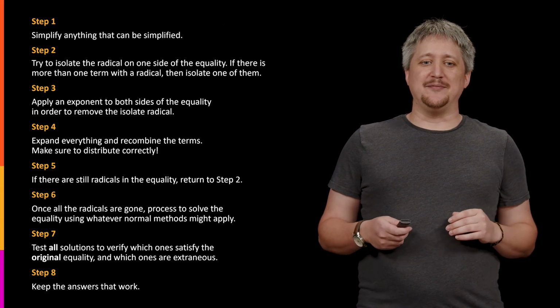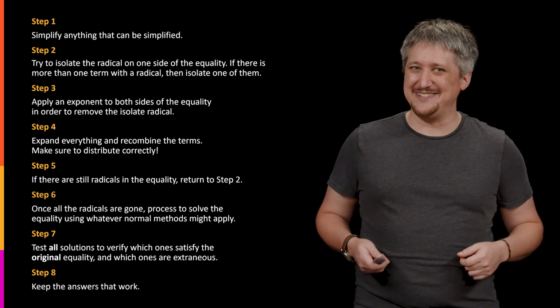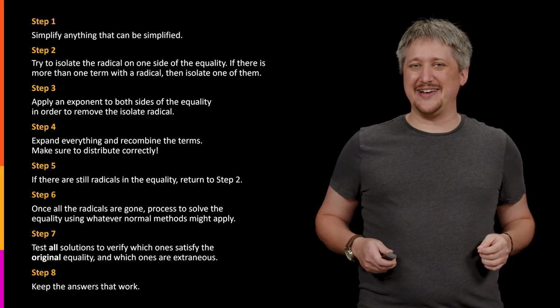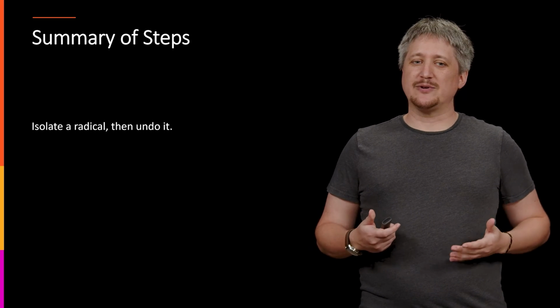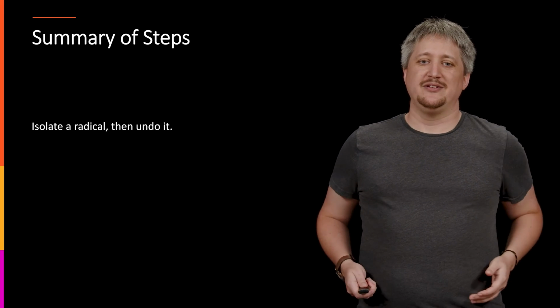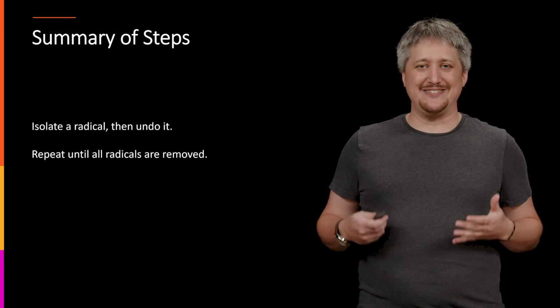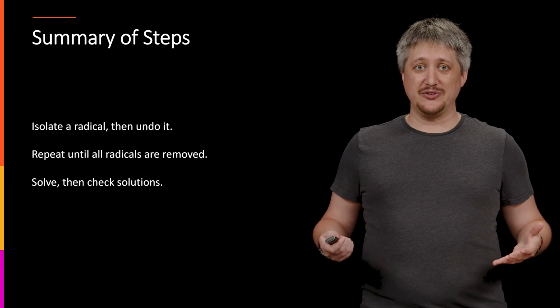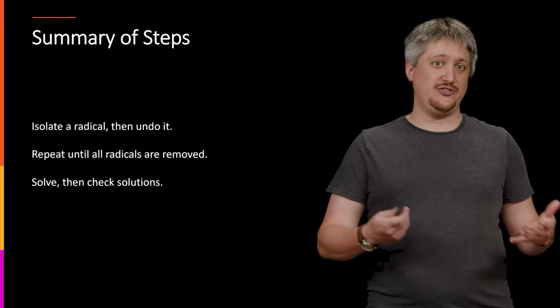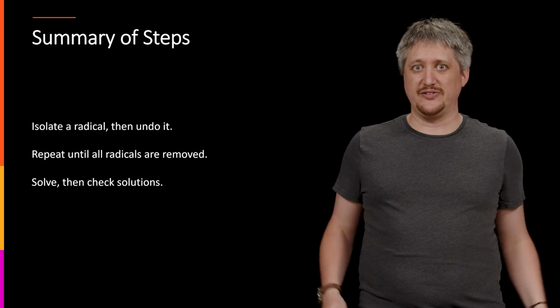It's very thorough, let's say, very nitpicky all the way down. But the general mantra is much easier. The mantra is, if you have a radical, isolate it, then undo it. Keep doing that until you've gotten rid of all the radicals. Solve the resulting thing now that you have no radicals, and check your solutions. Keep the ones that work.